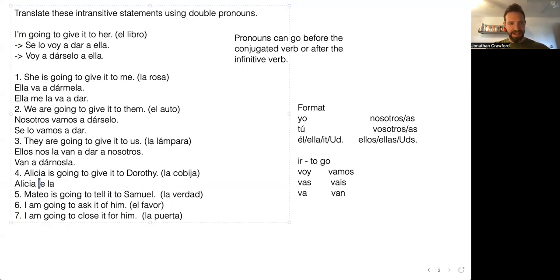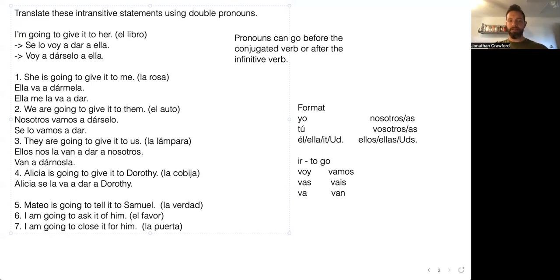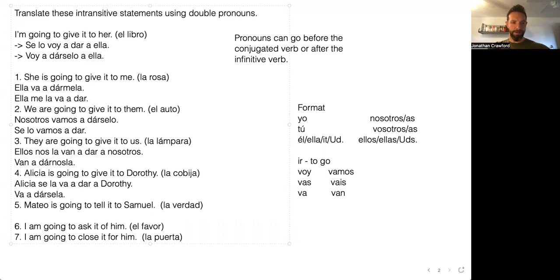It has to be se la. Se la va a dar a Dorothy. Or you can say se la va a dar or va a dársela. She's going to give it to her.